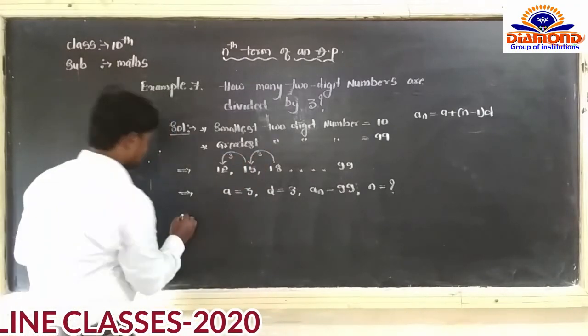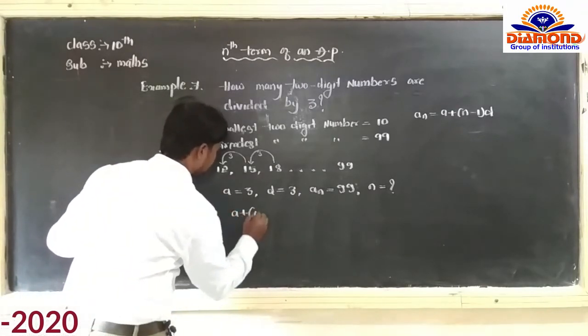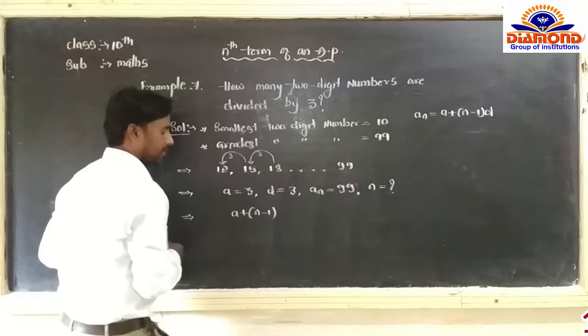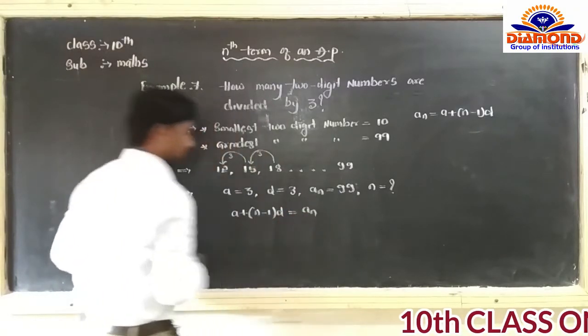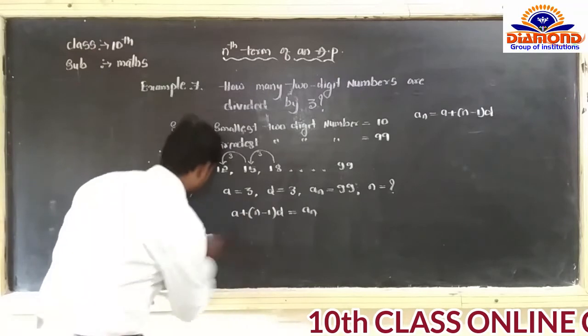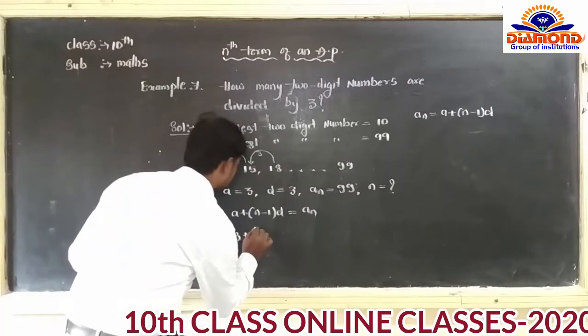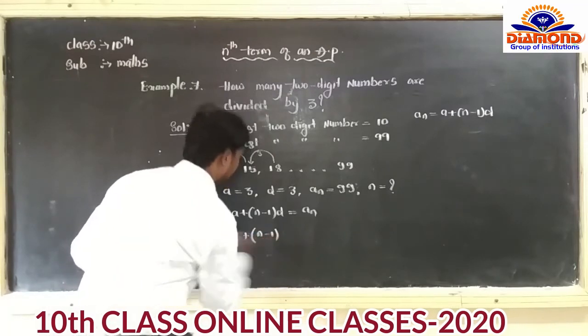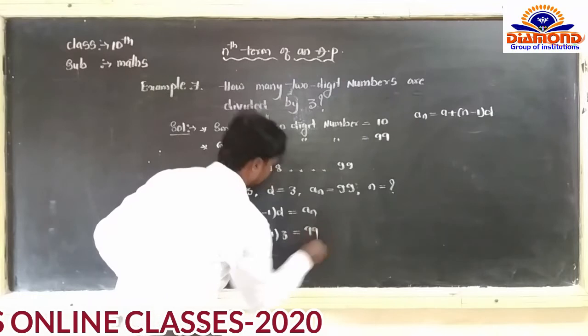Now use the formula a + (n - 1)d = an, and substitute the values: 3 plus (n - 1), common difference 3, equals 99.